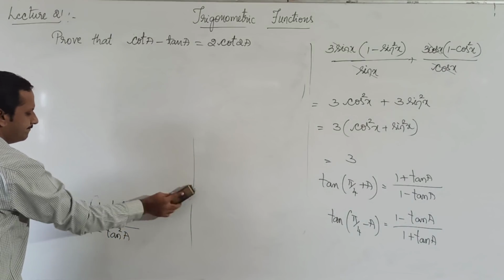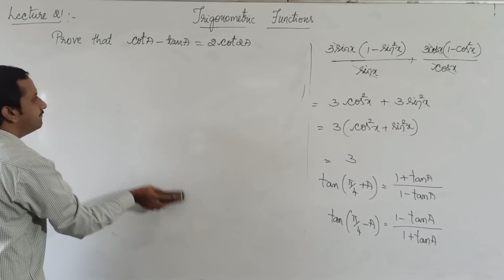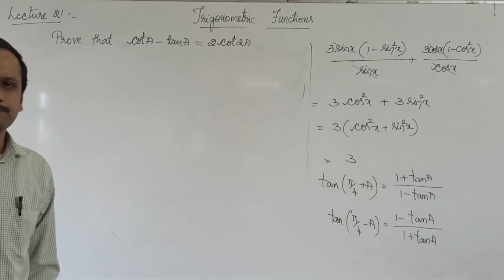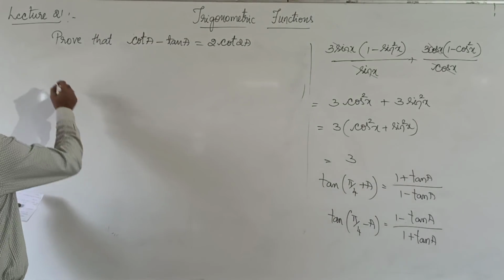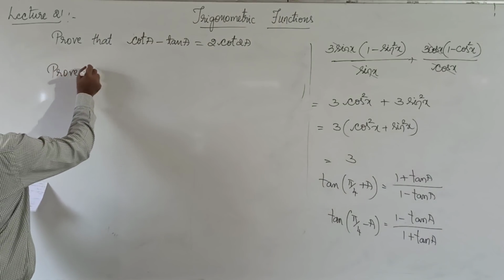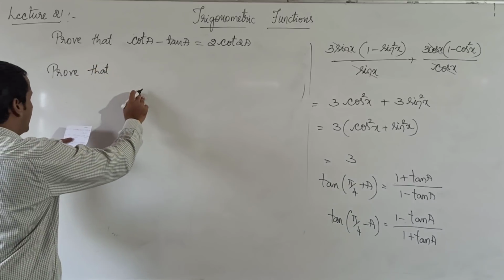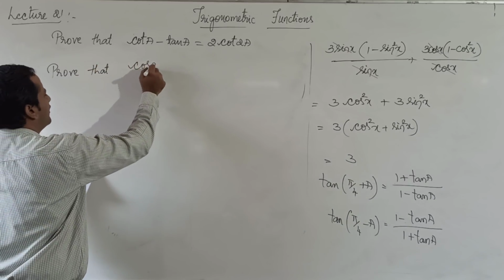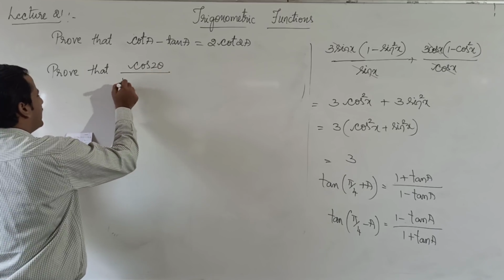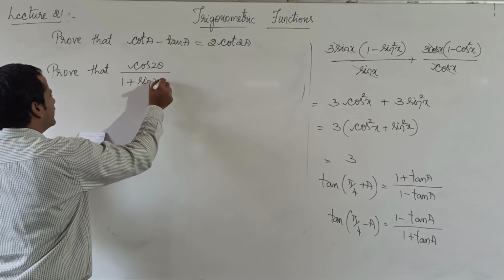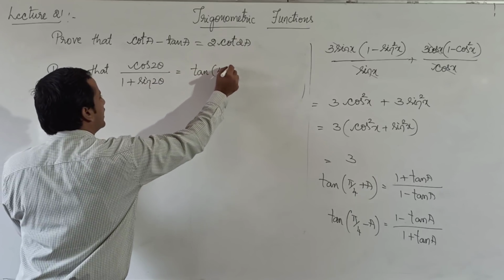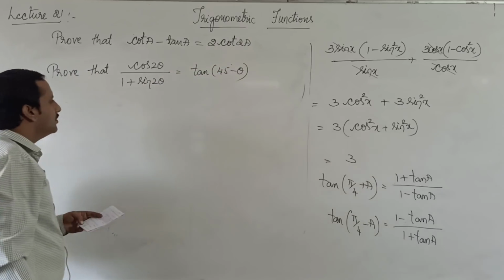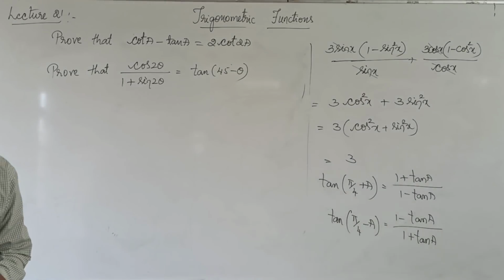Or do you want one more problem as homework? Okay, you can take this. Prove that cos 2θ divided by 1 + sin 2θ is equal to tan(45° - θ).